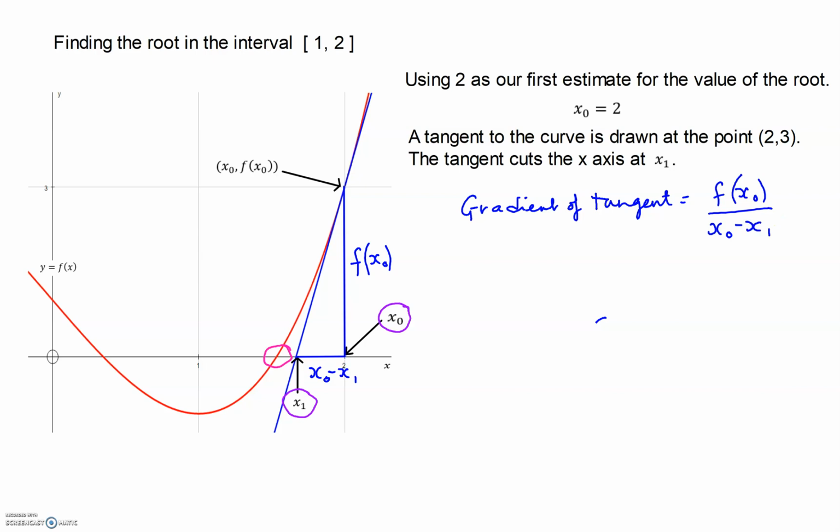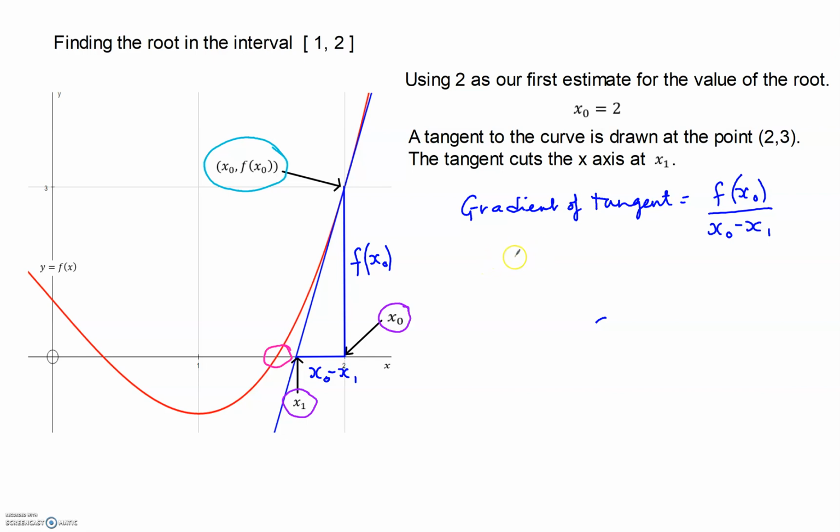Now this tangent is the tangent to the curve at the point 2, 3. The point 2, 3 is also the point x0, f of x0. I've labelled it here. And the gradient of the tangent at that point is the gradient of the curve. And we know that the gradient of the curve at that point is the differential.